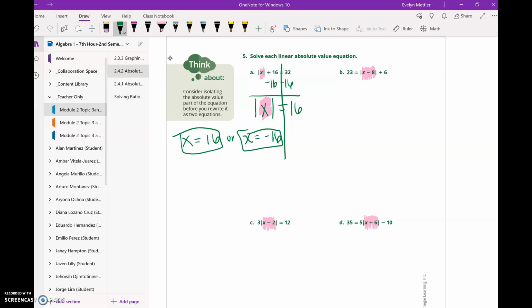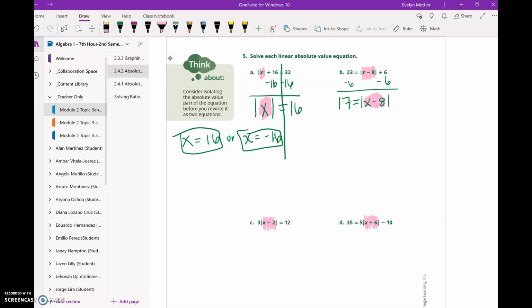If you look at B, it's the same idea. Like we want that absolute value symbol by itself, okay? So that means we need to get rid of everything outside that absolute value symbol first. So I'm going to go ahead and subtract 6. So that is 17 equals the absolute value of x minus 8. So this absolute value symbol is finally alone, right? So it's saying some number, subtract 8, has a distance of 17. We don't know if it's 17 to the right or 17 to the left.